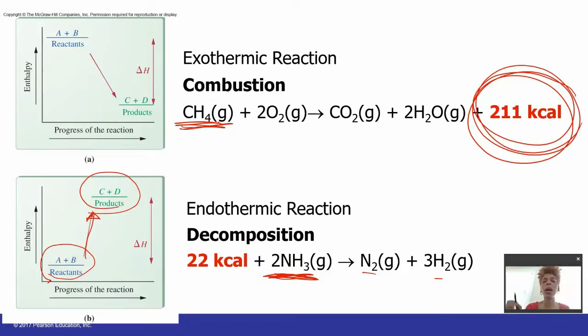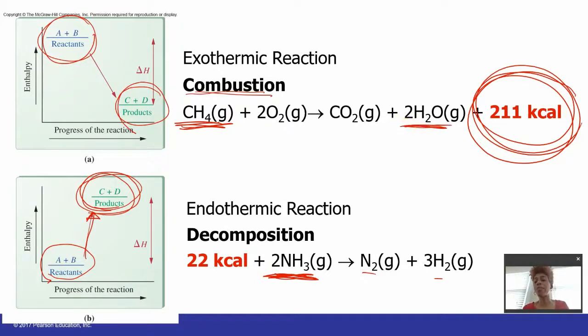So what does this mean about endothermic reactions? It means that the products in endothermic reactions are less stable and they would rather go in reverse and be reactants. They'd rather not go in this forward direction. Okay? So if I look at the combustion reaction, notice that our reactants have high potential energy, but our products have low potential energy.